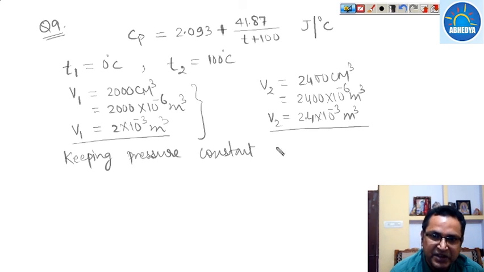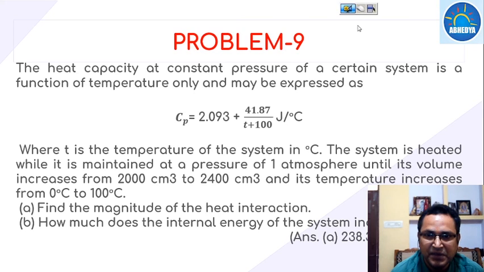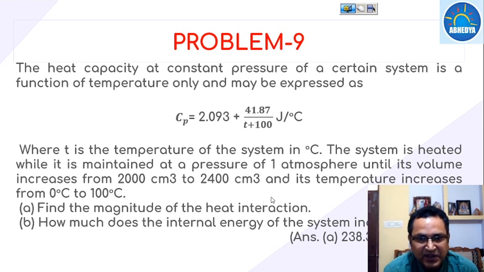And what is that pressure? That pressure is 1 bar, 1 atmosphere. So this is the entire system. We have to find the magnitude of the heat interaction and how much the internal energy of the system increases.